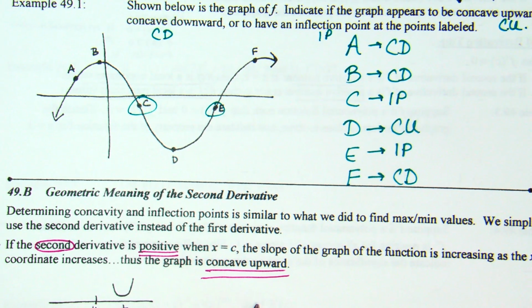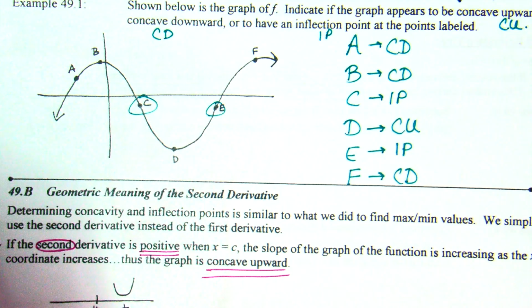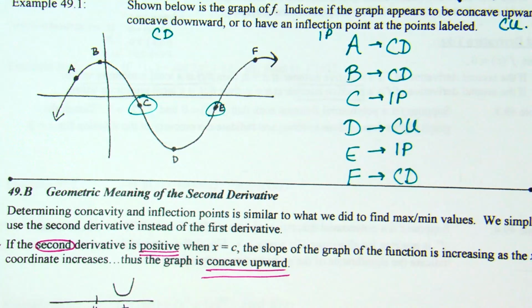Okay, so what does that mean when the second derivative is negative? When your second derivative is negative at a certain point, then notice it says the slope of the graph of the function is decreasing as the x-coordinate increases, and thus the graph is concave down. Do notice here, when they talk about the slope of the graph of the function, they're talking about the first derivative, right?